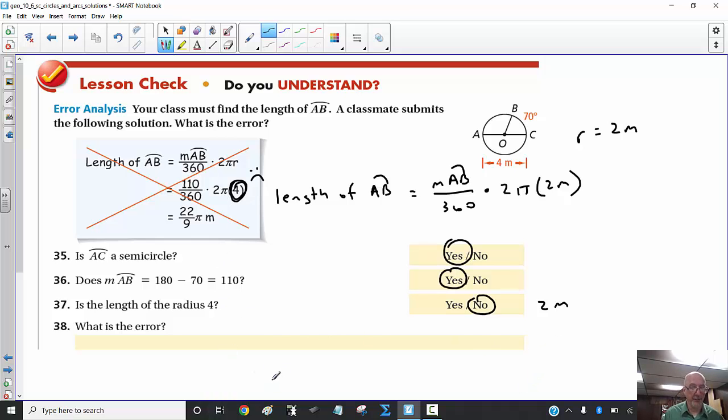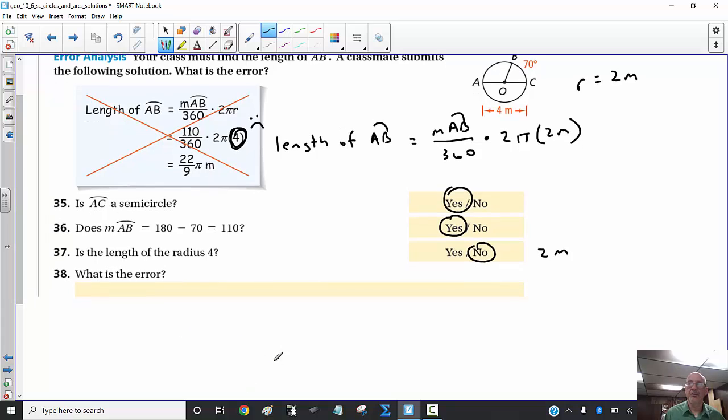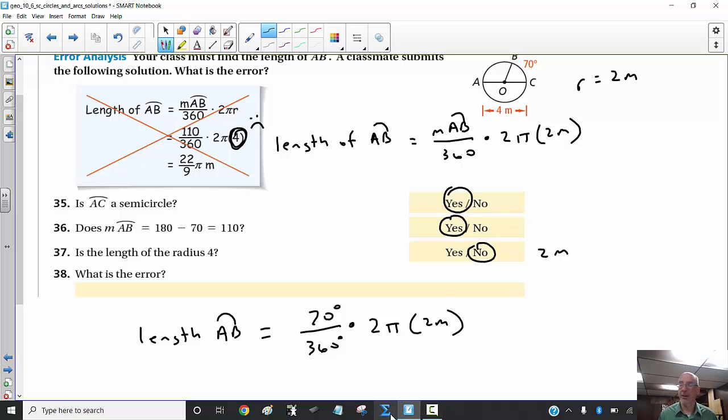Okay, let's find the length anyway. Let me move this down a little bit. So the length of AB is equal to the measure of that arc in degrees over 360 degrees times 2 pi and 2 meters.